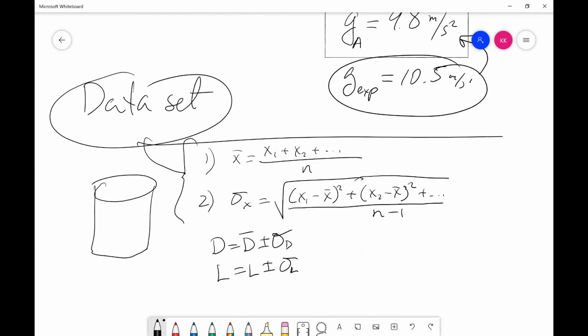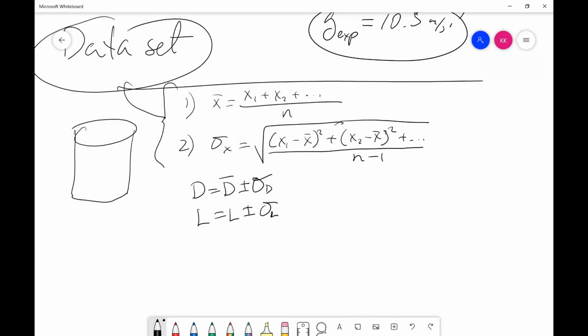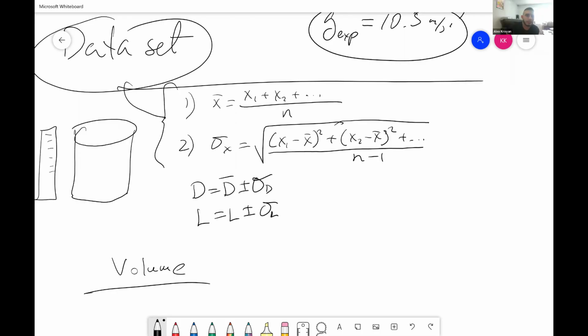But there could also be other quantities that I can ask, where you need to do the data analysis a little bit differently. For example, my next thing that I want you to give me is the volume. How would you measure the volume of the cylinder, for example? Remember, technically what I'm giving you is some kind of ruler, nothing else.